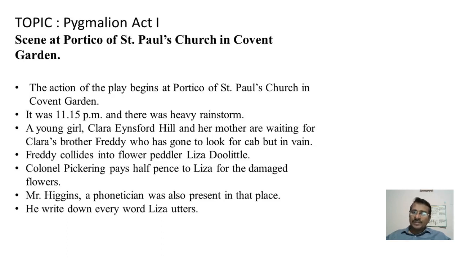We also witness another girl in the scene, the flower seller Eliza Doolittle. We also see Colonel Pickering, who pays halfpence to Eliza for the damaged flowers. Mr. Higgins, a phonetician, was also present in that place.